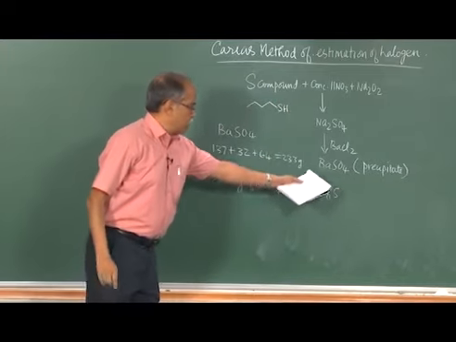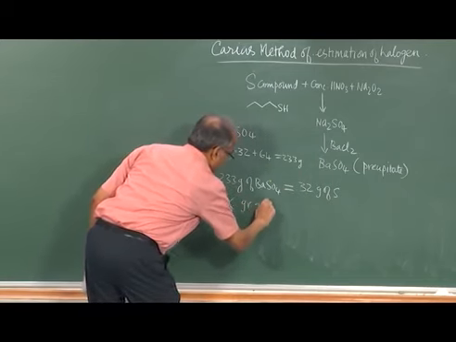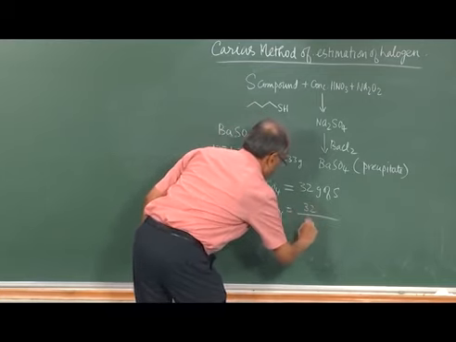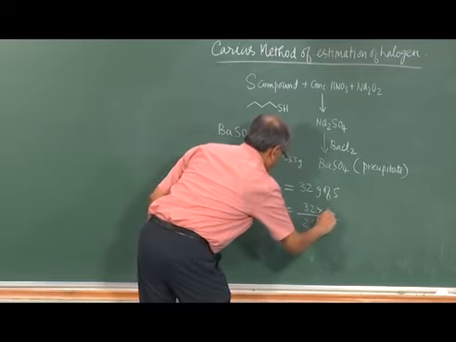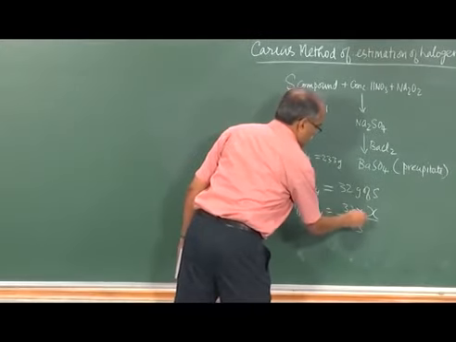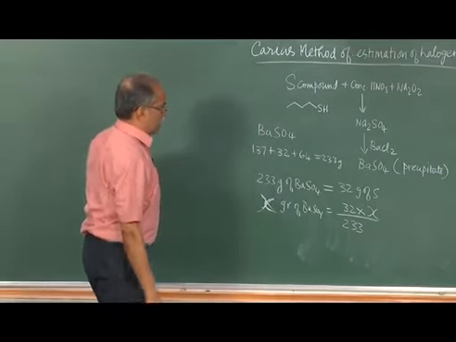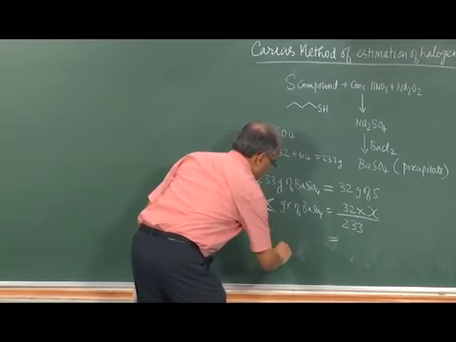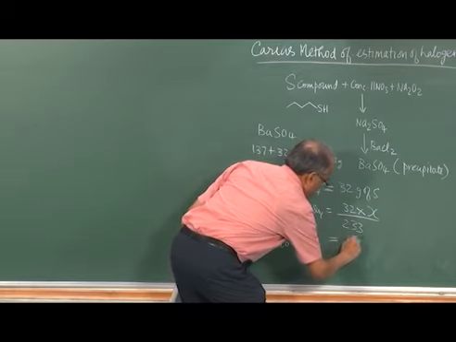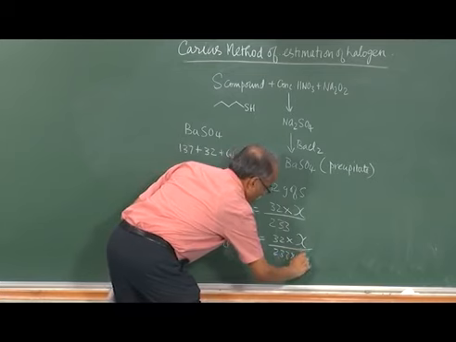So, if the weight of barium sulphate you get is x grams, it would contain 32 divided by 233 multiplied by x grams of sulphur. This is coming from a known weight of the organic compound M. So, the percentage of sulphur would be equal to 32 multiplied by x divided by 233 from known mass M.